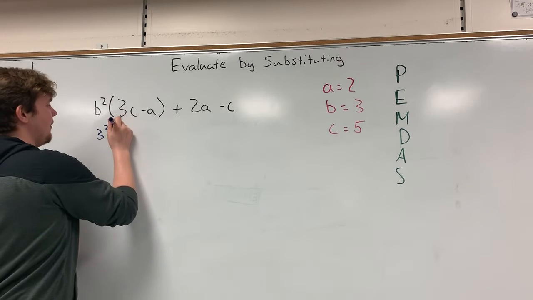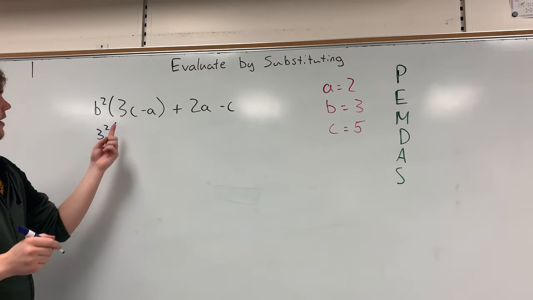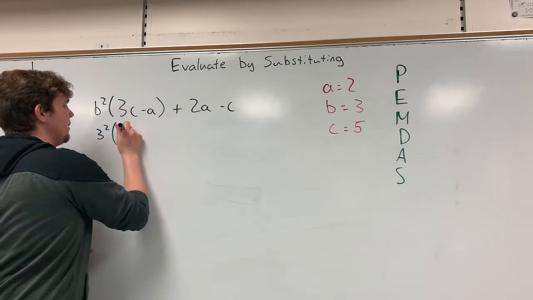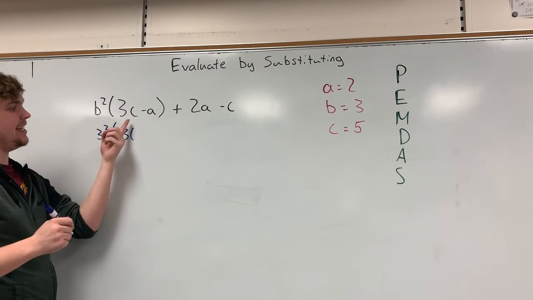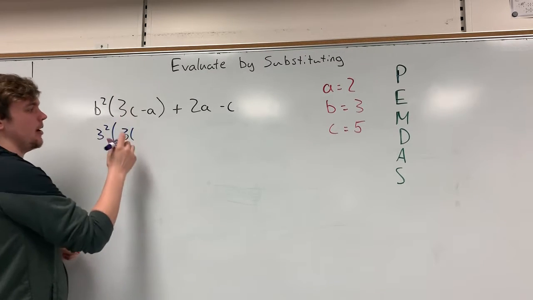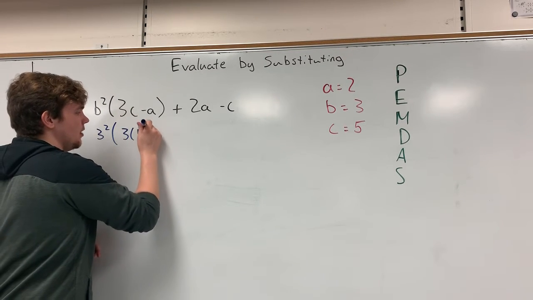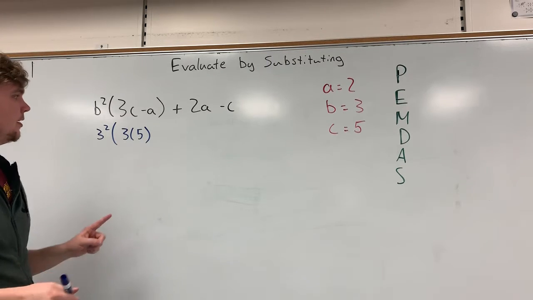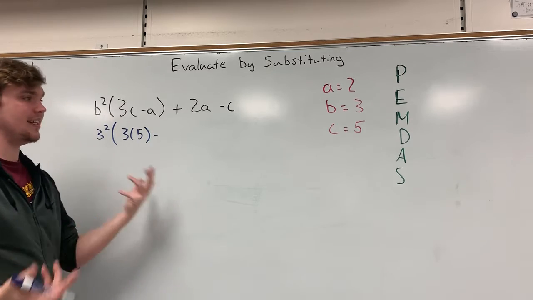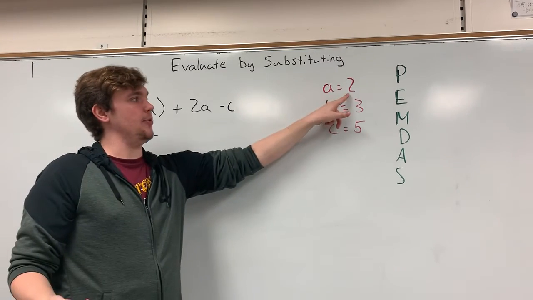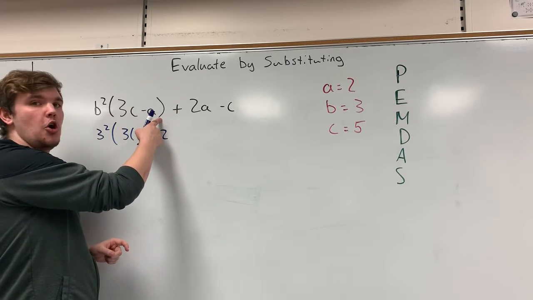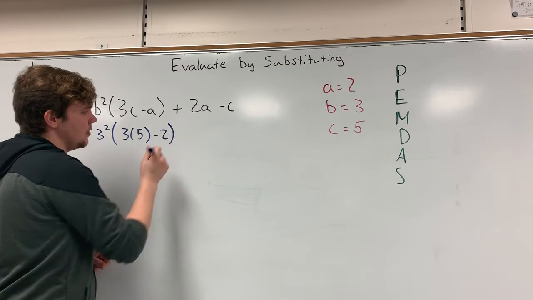Right, and then I have a parenthesis, and I'm going to replace 3c with, well, let's keep the 3, and then c is 5. So I'm going to replace this c right here with a 5. Close that parenthesis. Right, and then minus a, so minus, well, what is a? A is 2, so minus 2. And then let's go ahead and close that parenthesis.